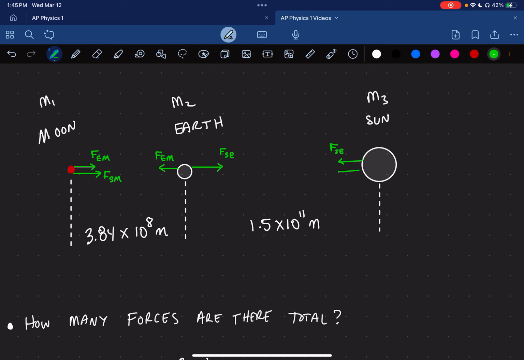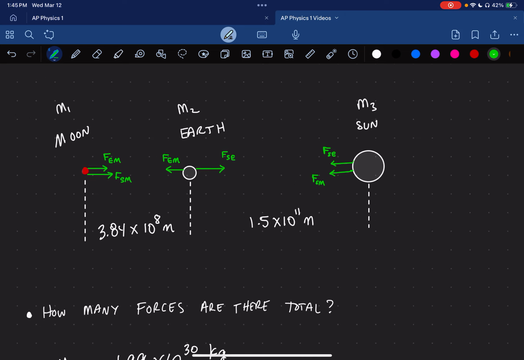And then there is a force that the sun puts on the moon, or vice versa, the moon puts on the sun, FSM, going that way. So there's six forces, gravitational forces total. But really what I'm seeing here is three calculations. Because FEM, FSM, and FSE are those three calculations.